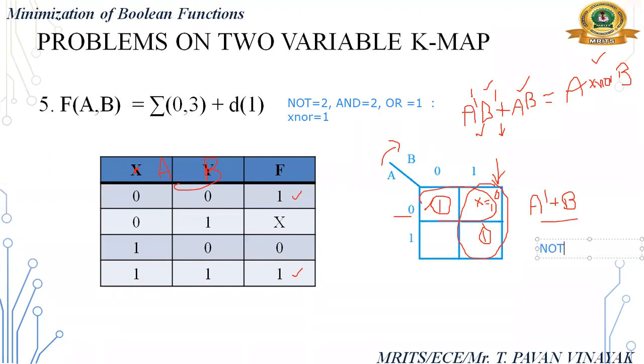One NOT gate, one OR gate. Only two gates are enough. A bar, one NOT gate. A bar plus B, one OR gate. So the circuit is reduced, right?